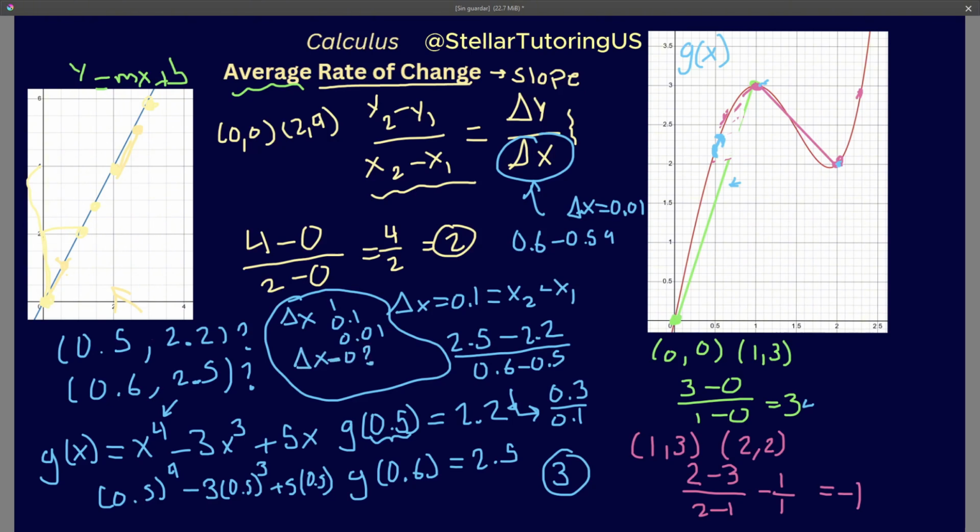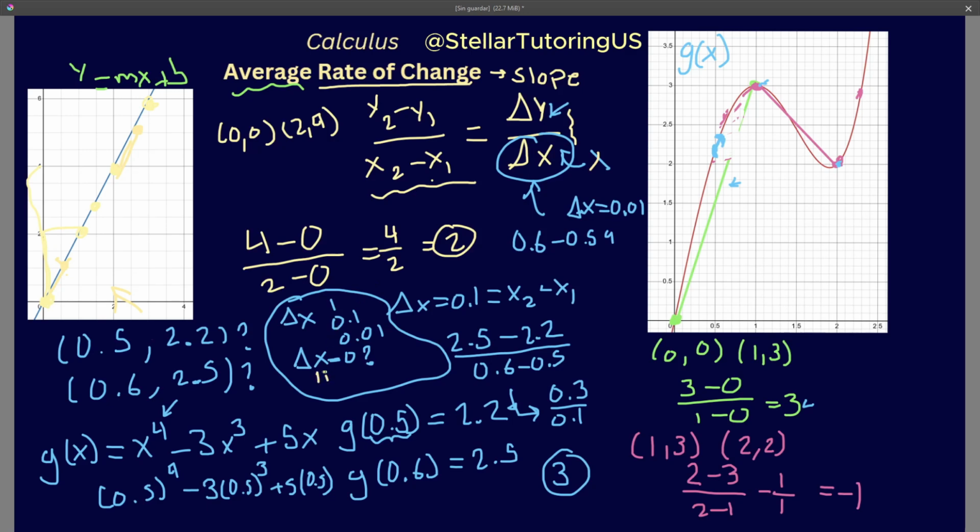Now, can we do that? Not quite. As we see in our equation, delta y over delta x, it's a fraction. And can we ever have 0 in the denominator? No. So our delta x can't be 0, but it can approach 0. And this is something we're going to build on later using limits.